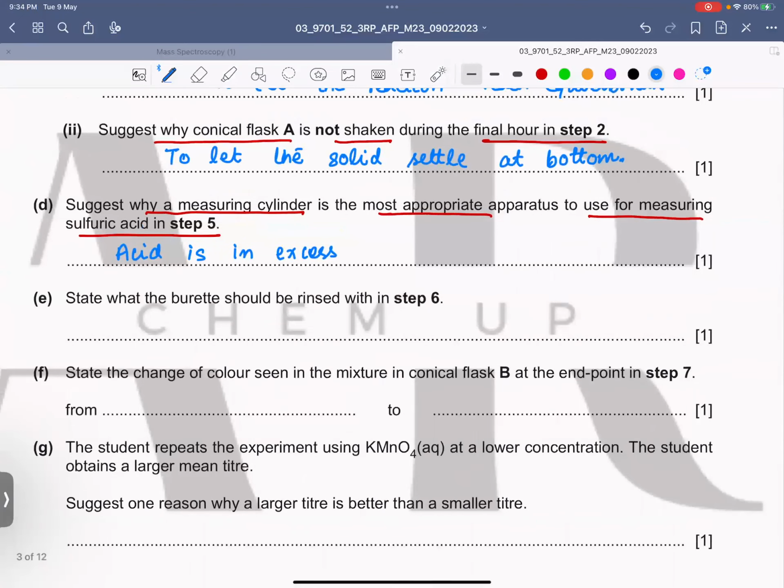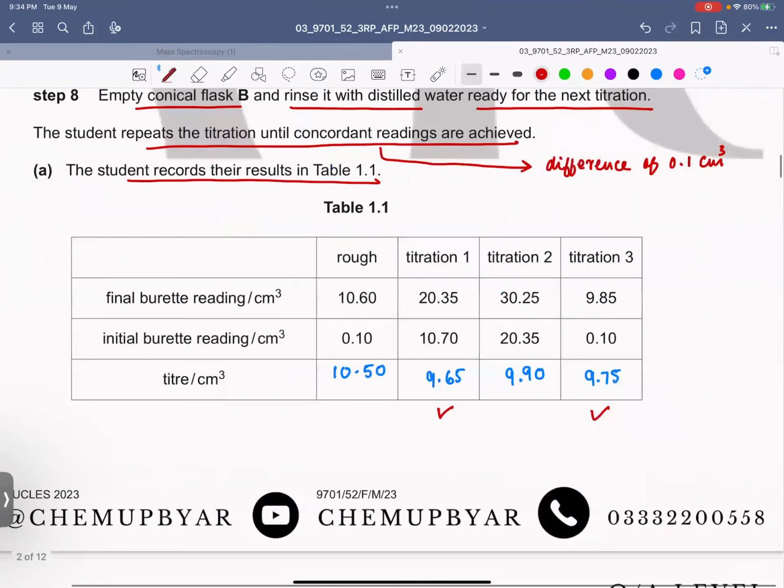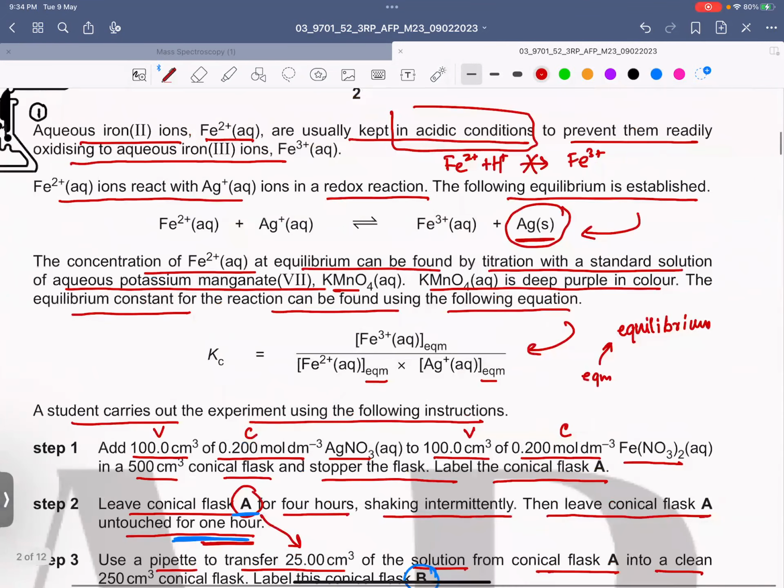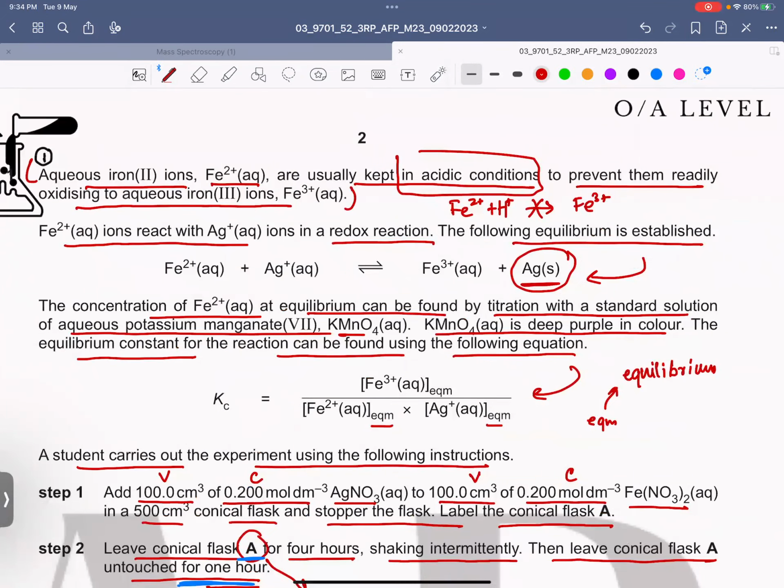In this paper they didn't ask, but they might ask about this. If you see at the start of the reaction, they have informed you. See the first statement: when we keep acidic conditions, the iron(II) ions do not oxidize to iron(III) ions.